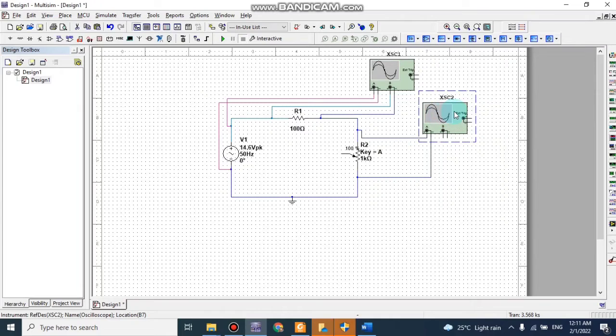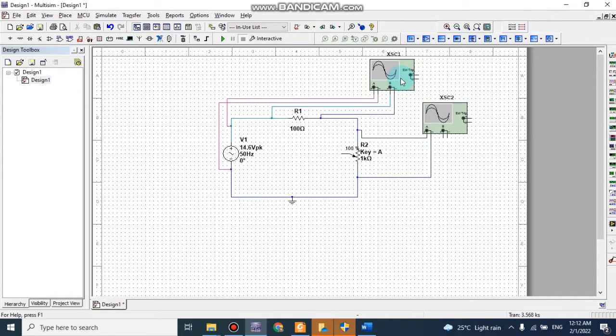And here the second oscilloscope. The first oscilloscope is going to control the VAC supply and the VR1. Meanwhile, the second oscilloscope has the A channel connected to the VR1, the variable resistor, VVR1, with the positive side and the negative side connected to the negative output.